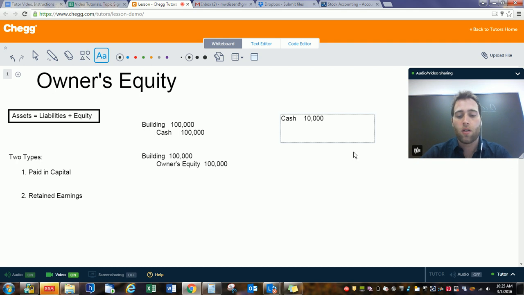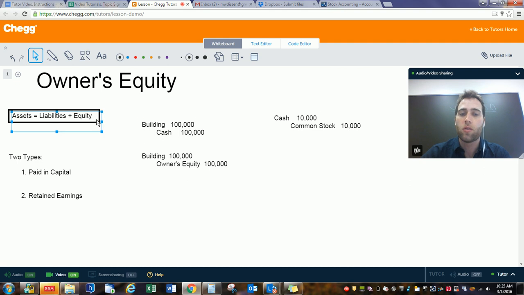And then we want to credit common stock for $10,000, because when you sell stock, you want to credit it. That common stock is part of owner's equity. So we're increasing equity when we sell that stock, and we're going to increase it by $10,000.